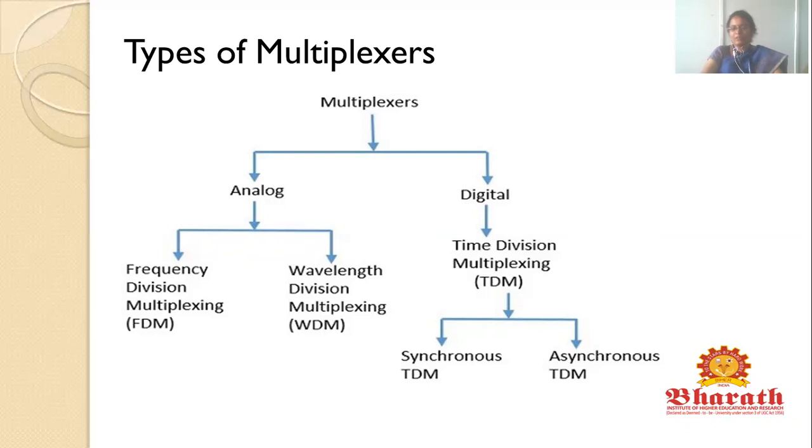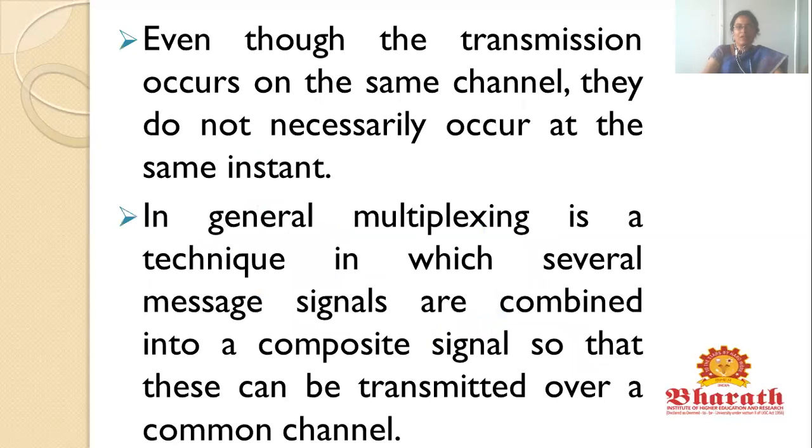TDM is divided into two categories: synchronous time division multiplexing and asynchronous time division multiplexing. Even though the transmission occurs on the same channel, they do not necessarily occur at the same time instant.